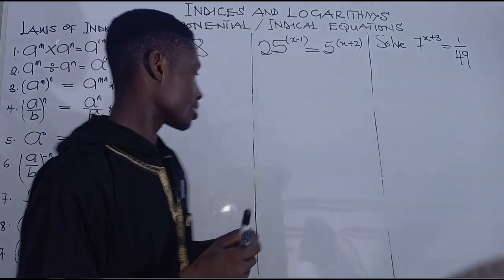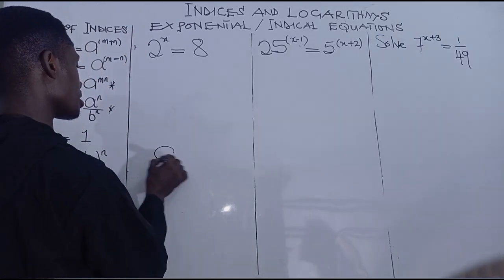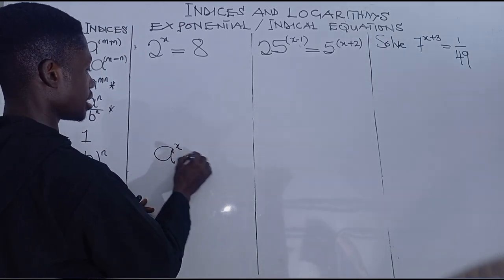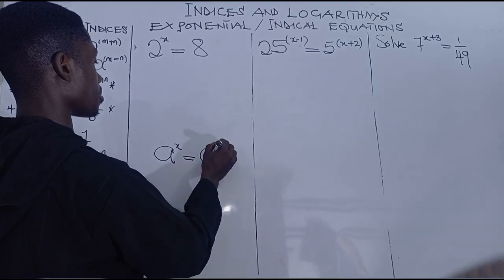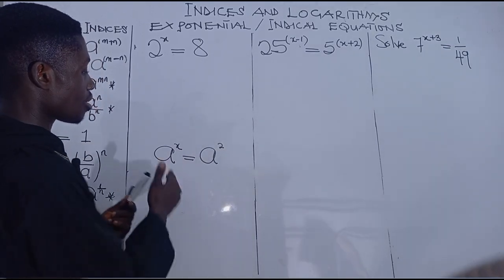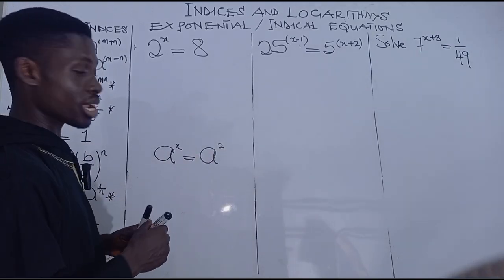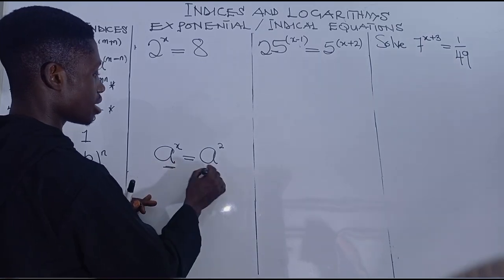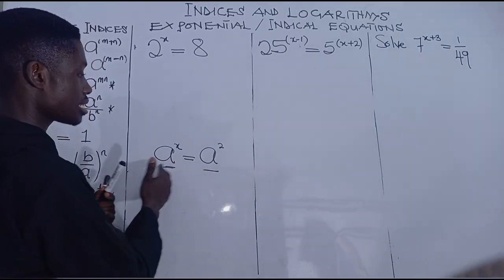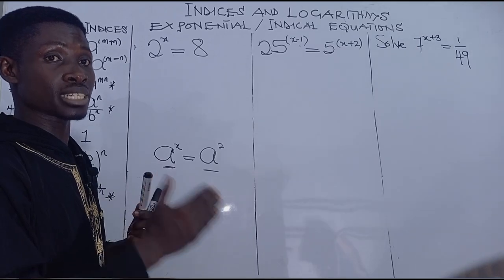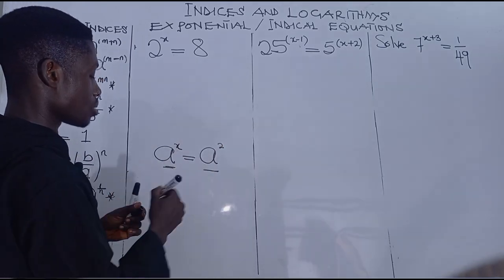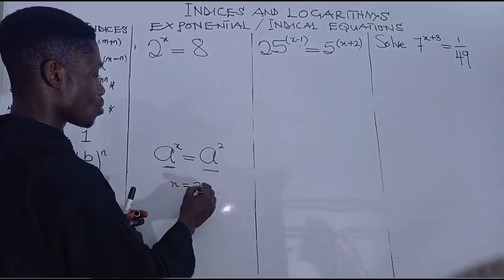Now what I mean is this. When you have, let's say, a raised to the power x is equal to a raised to the power 2, on either side of the equal sign we have a base of a. The bases are equal, and once the bases are equal, we pick their exponents and then we equate them.